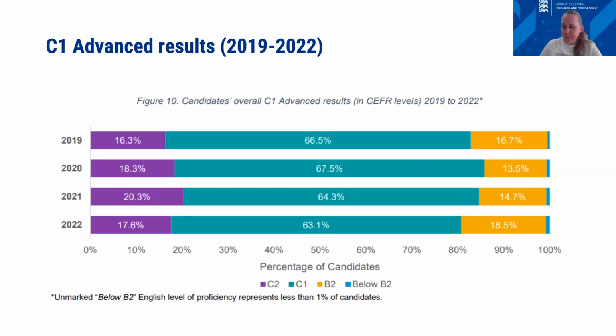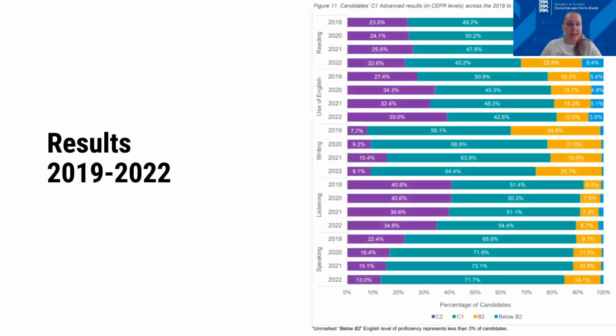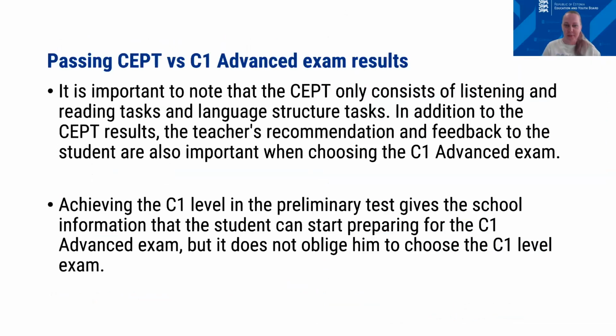Also, use of English showed improvement in the percentage of candidates scoring at C1 or above. So we are really happy about these results. And when we look at the results based on, okay, this is what I was explaining just before.